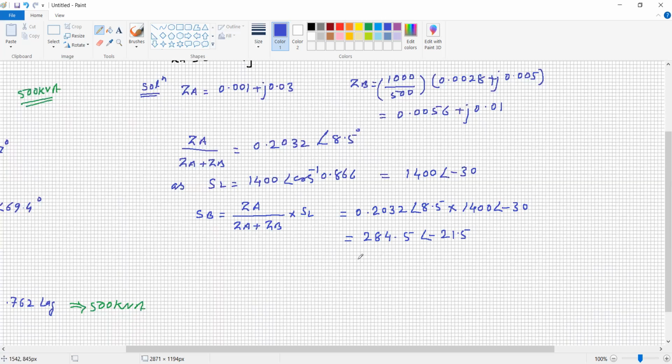It means that 284.5 kVA load is shared by transformer B and the power factor is 0.93.